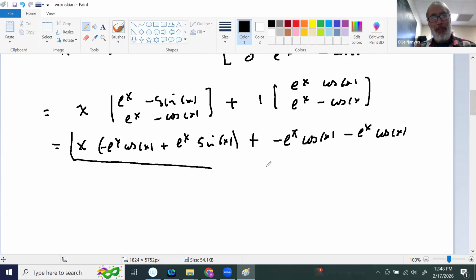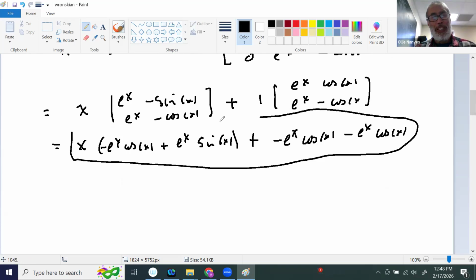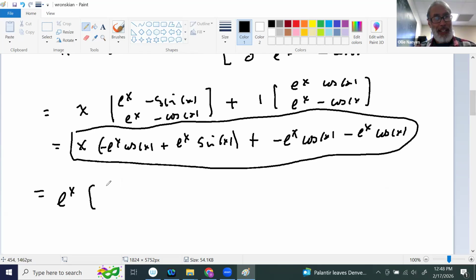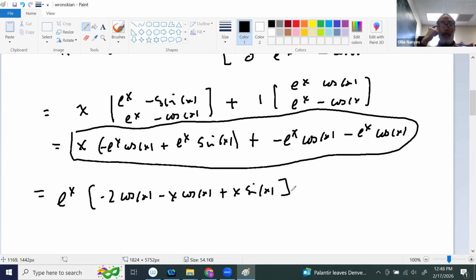I'm not going to waste my time doing the arithmetic here, but let's go ahead and do it. Let's factor out e to the x. Then we have minus 2 cosine x, minus x cosine x, then we have a plus x sine x. So that would be the Wronskian for those three functions.